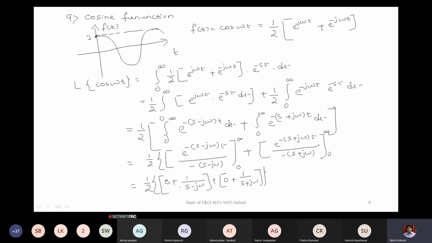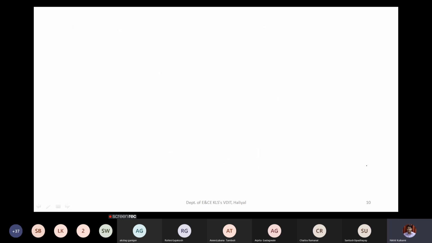Okay, so 1 by s minus j omega and 1 by s plus j omega, that is going to give me 1 divided by 2 times 1 by s minus j omega plus 1 by s plus j omega. So if you continue this further, this is going to give you 1 by 2.